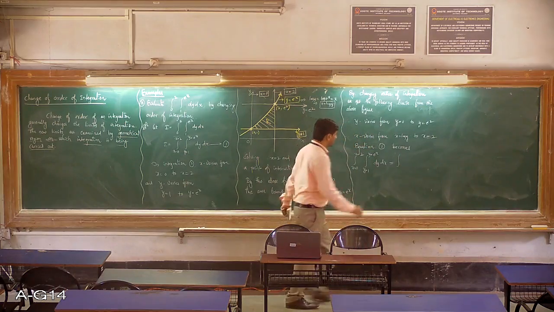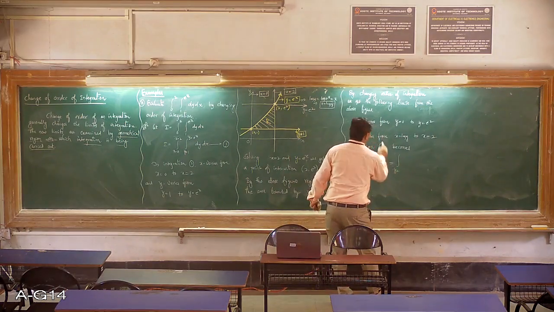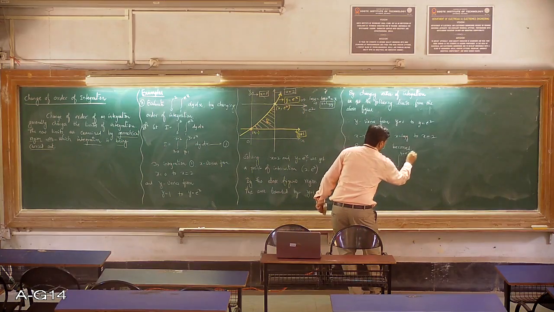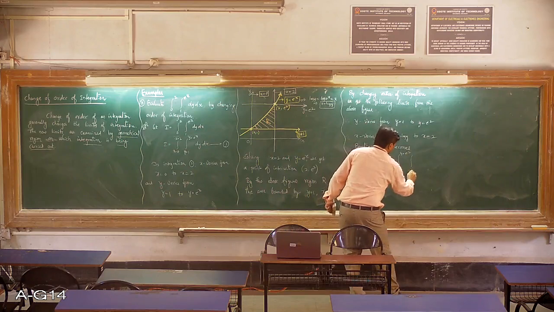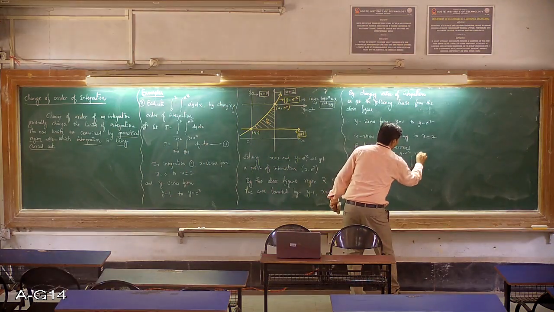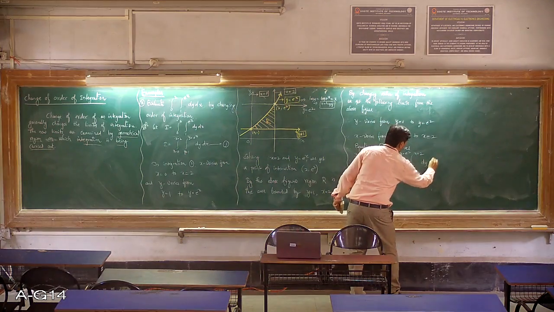That means first we need to write y. So y is changing from y equals 1 to y equals e square, and here x is changing from x equals log y to x equals 2, and here it is dy dx.